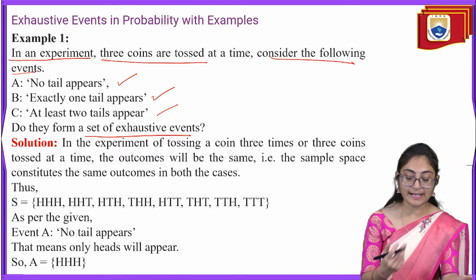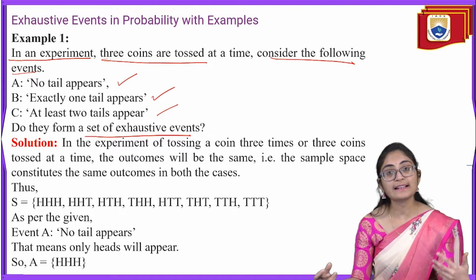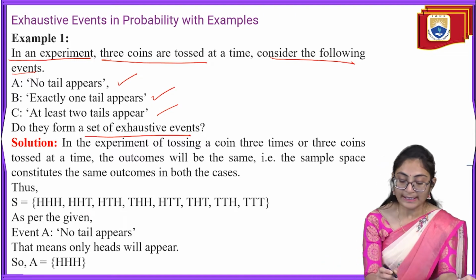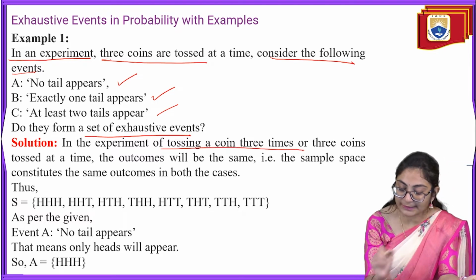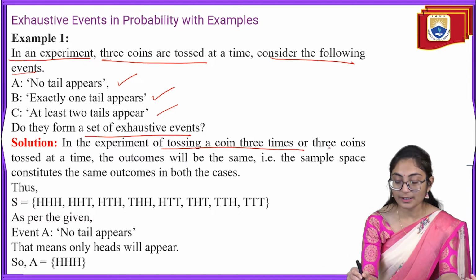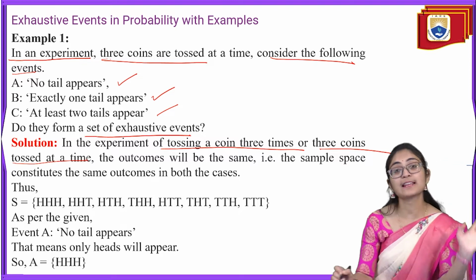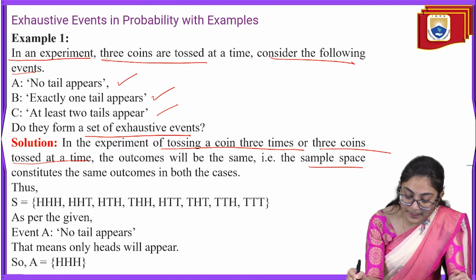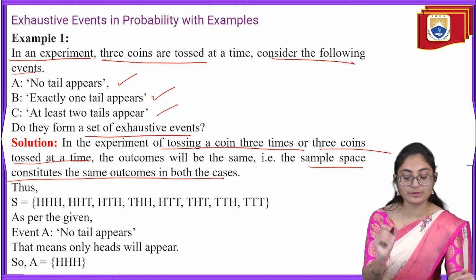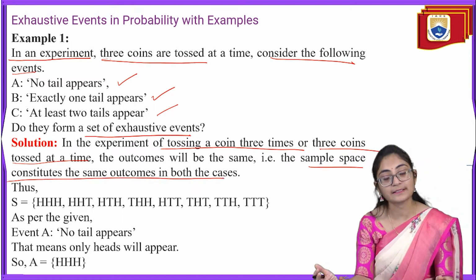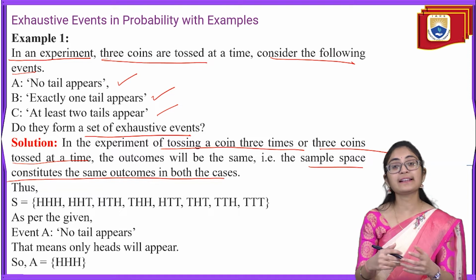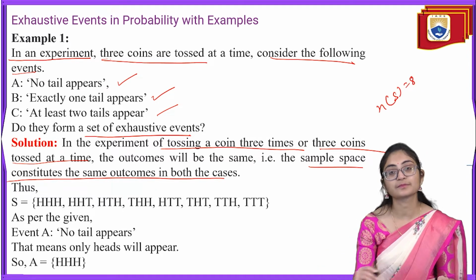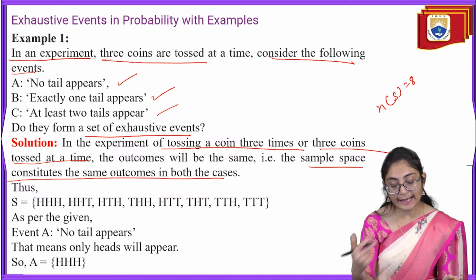Now we will see whether these are exhaustive events or not. In an experiment, tossing a coin 3 times, or 3 coins tossed at the same time, the outcomes are the same. That means the sample space is the same in both cases, and n(S) is 8.